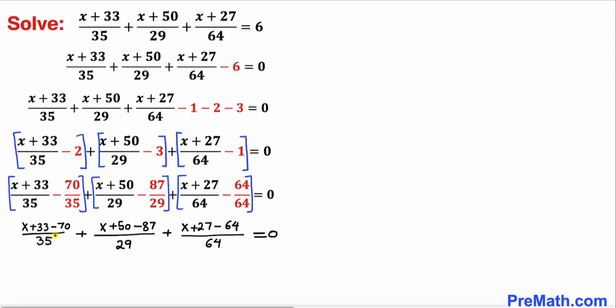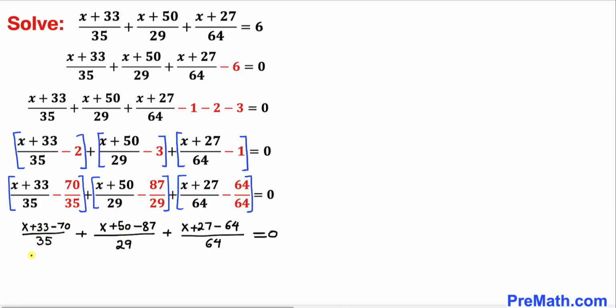And now let's scan our numerators. 33 minus 70 is going to give us -37. Likewise, 50 minus 87 is going to give us -37. And likewise, 27 minus 64 is going to give us -37 as well.